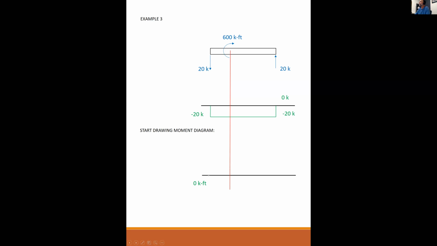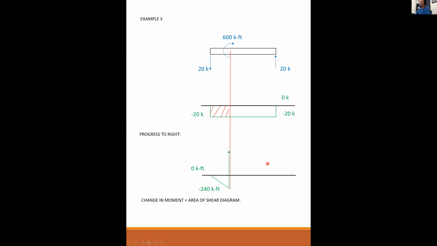And the change in moment from the end to this line is equal to the area of the shear diagram here, from this point to this point. So this is constant. So the moment is going to be linear. And it is going to be minus 20 times 12 feet, which is minus 240. So this goes down linearly to minus 240.